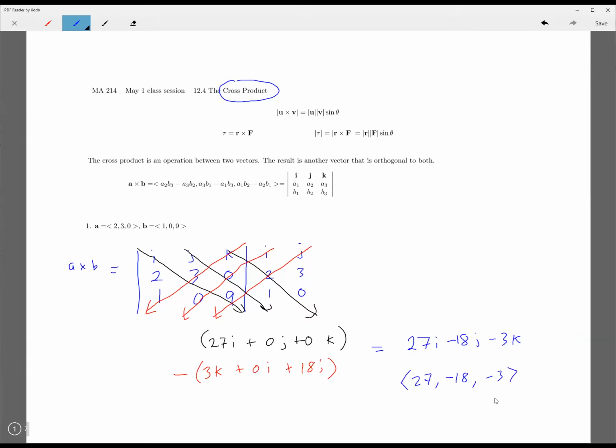Okay, and then you're supposed to verify that they're orthogonal to both A and B. If you just put in zeros for the other two parts, then you'll get it correct.